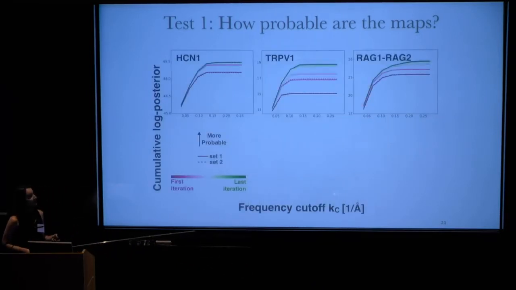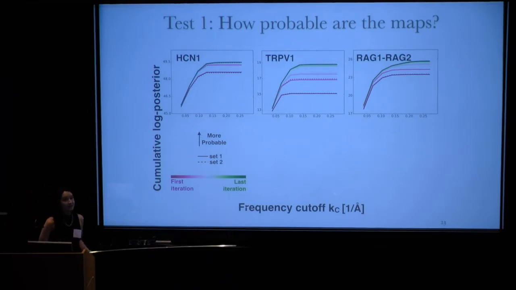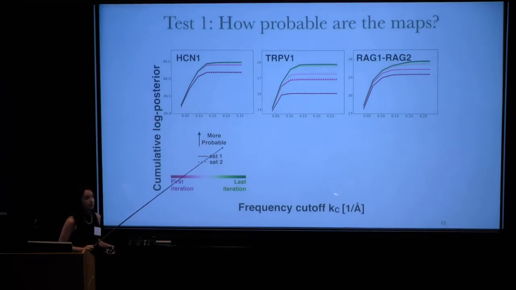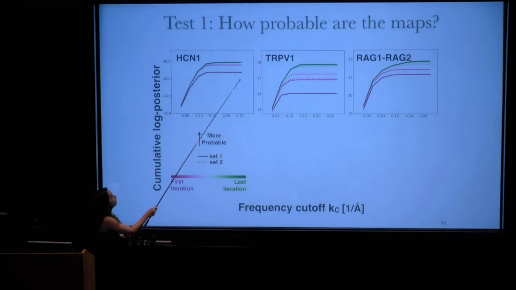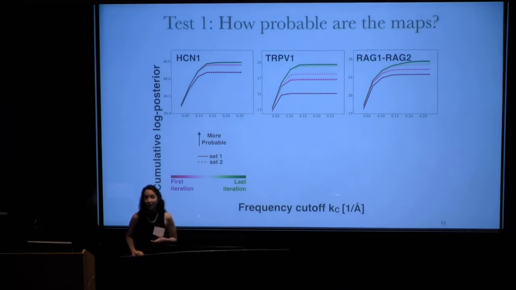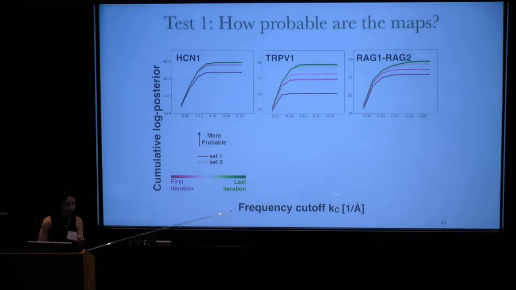So we did this for the standard Cryo-EM systems, and we find a very similar behavior: an increase of the posterior probability as a function of the frequency cutoff, and for the different refinement iterations, we see an increase of the posterior probability.